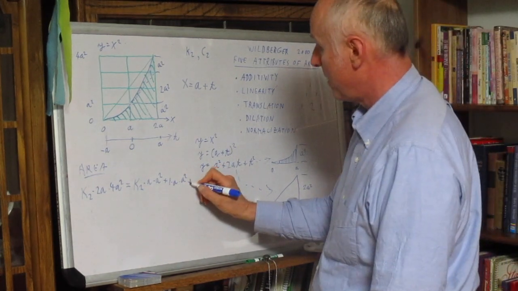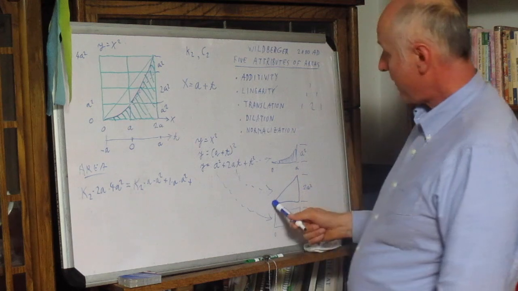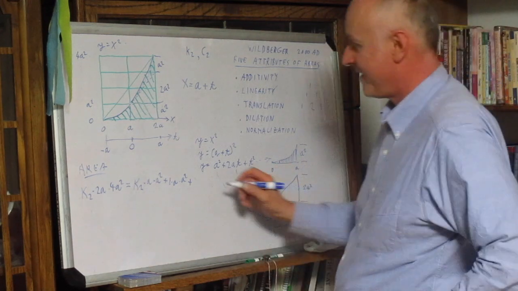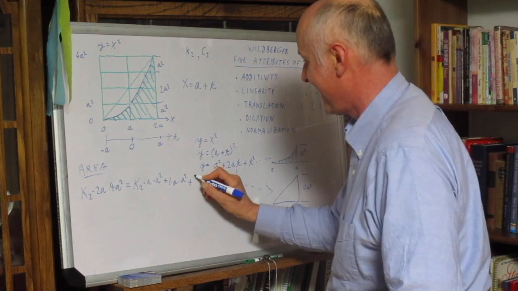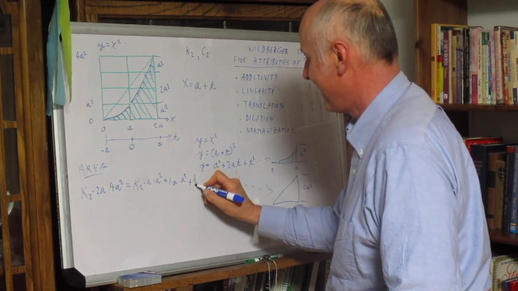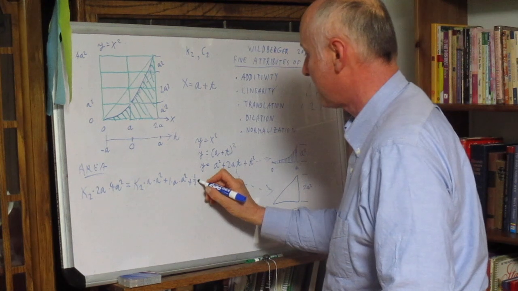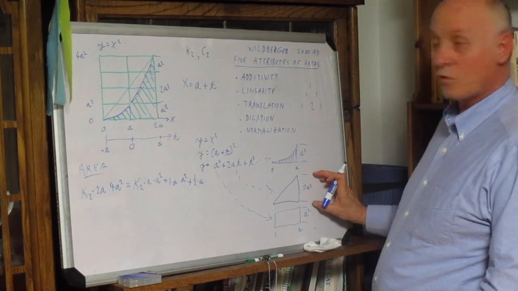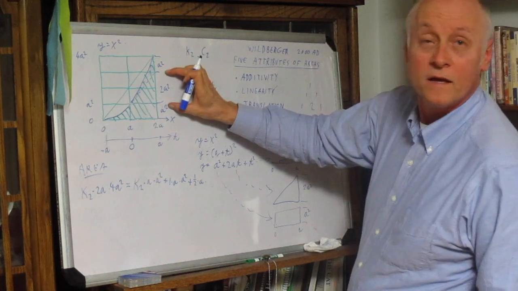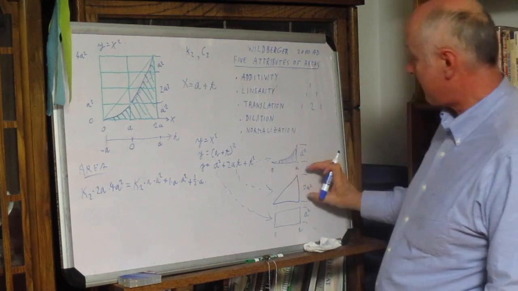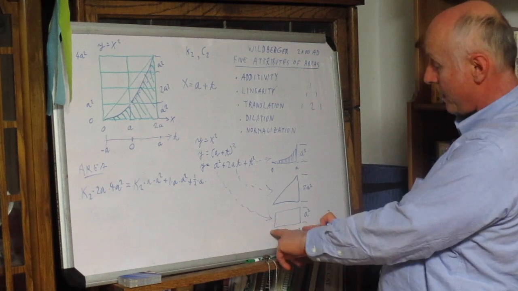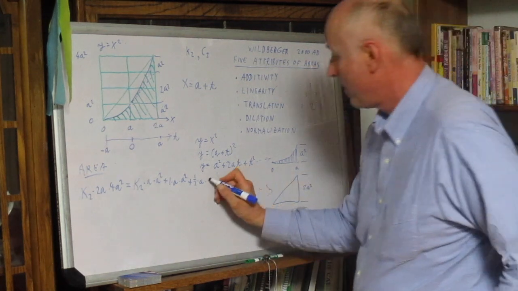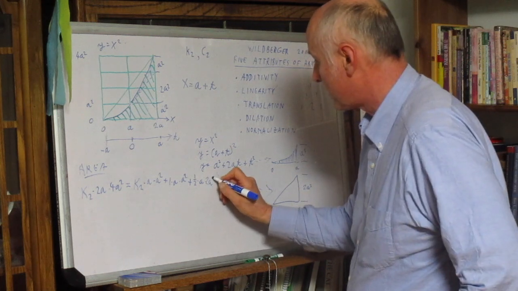Plus, now we have a triangle. The k factor for that is 1/2, right? Oh, you knew it. Times base a times, what's the height? 2a squared, right? That's the height of this triangle. Base is a, height is 2a squared.